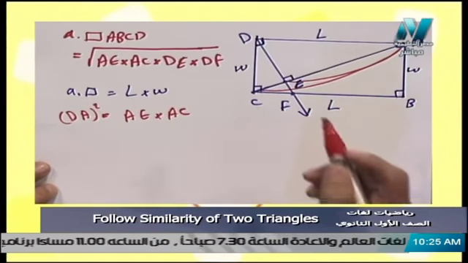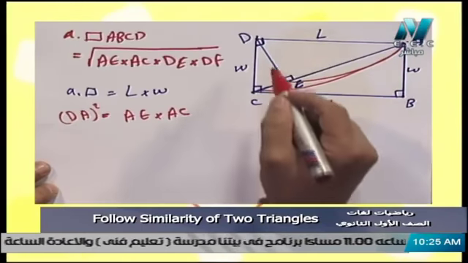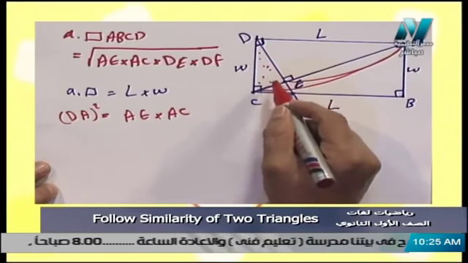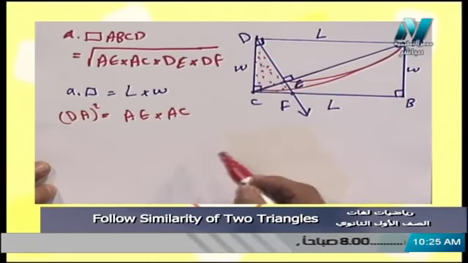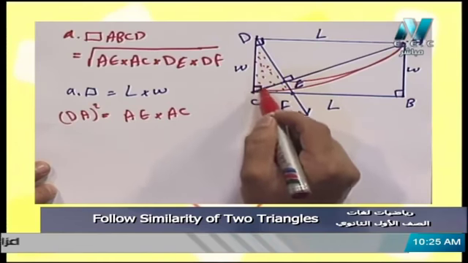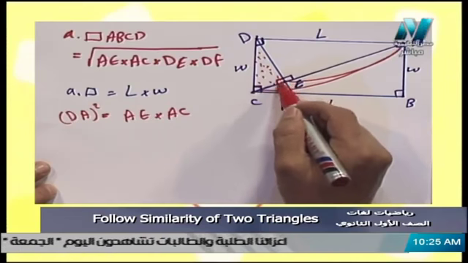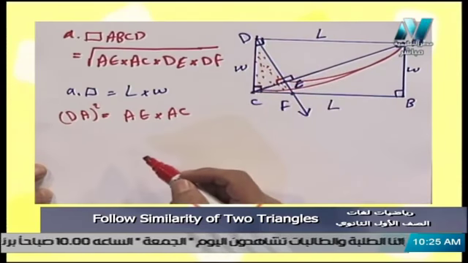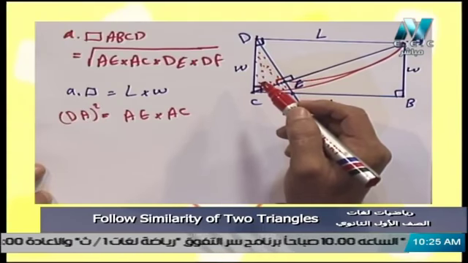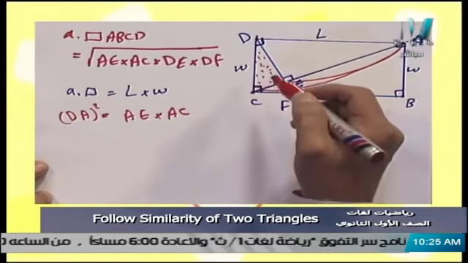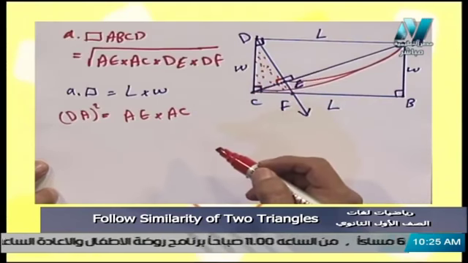Okay, and also we will move to the triangle DCF. Why this triangle specifically? We have here a right angle, and CE is also perpendicular to DF, and we can say that DC power 2 equals what?